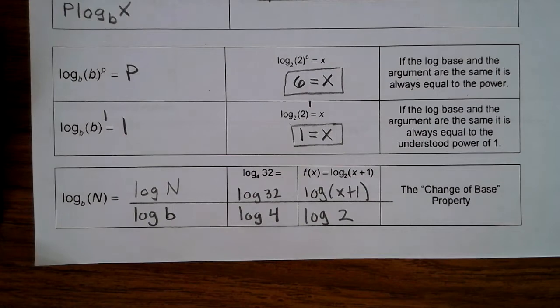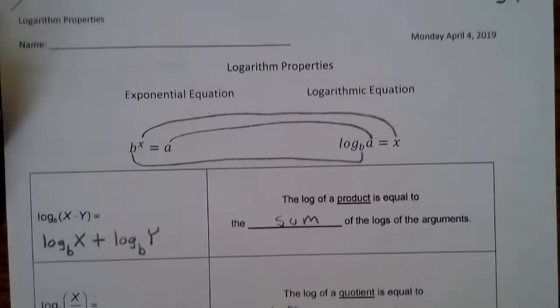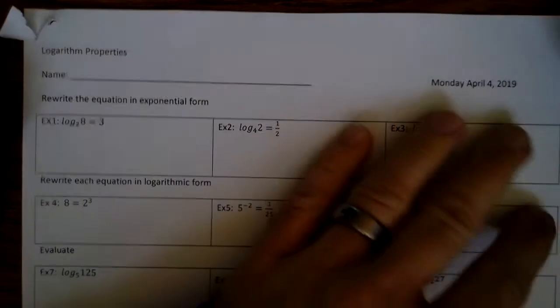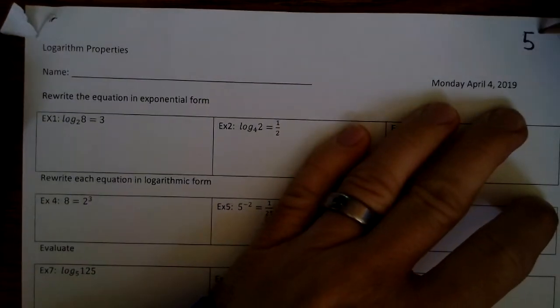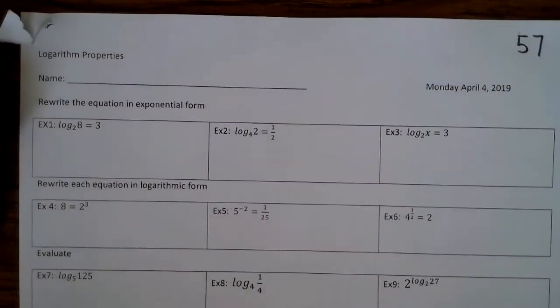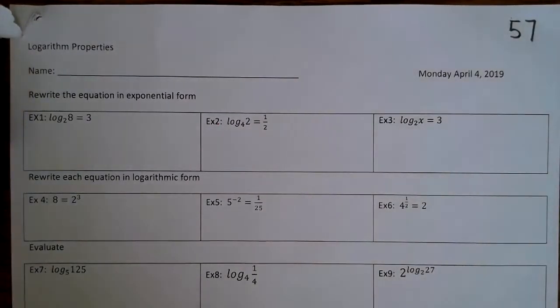Now let's take a look at the next page. Now, this page is going to go in your journal. And this page will go in your journal on page 57 as well. Okay, it says rewrite the equation in exponential form. So what you want to do is, I'm going to write these in capitals so there's no confusion.